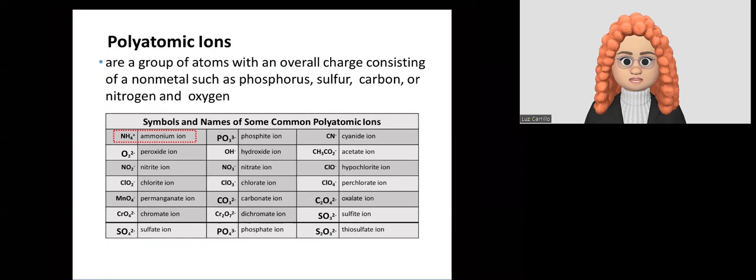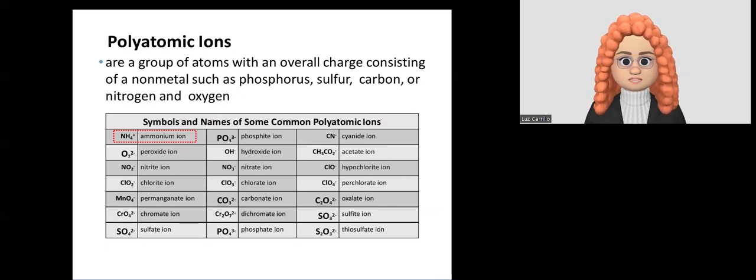Polyatomic ions are a group of atoms that have an overall charge that consists of nonmetals that are phosphorus, sulfur, carbon, nitrogen, and oxygen, that when they are combined together, they're going to form this polyatomic ion. Poly means multiple, atomic refers to atoms, and ions, we will see that they form charged species.